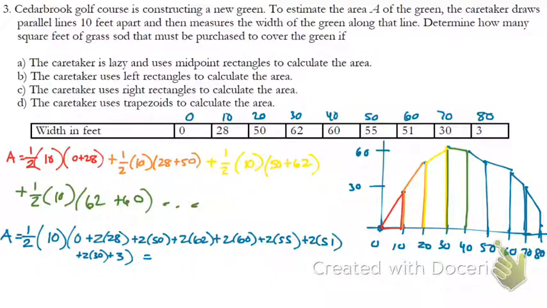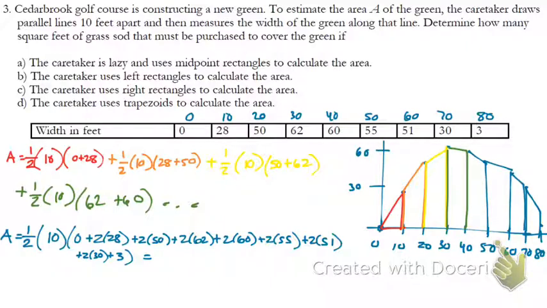Perfect. All right, so if we add these up in our calculator, give me a minute, I'll talk through this as we're doing it together. 0 plus 2 times 28 plus 2 times 50 plus 2 times 62 plus 2 times 60 plus 2 times 55 plus 2 times 51 plus 2 times 30 plus 3 is equal to 675.